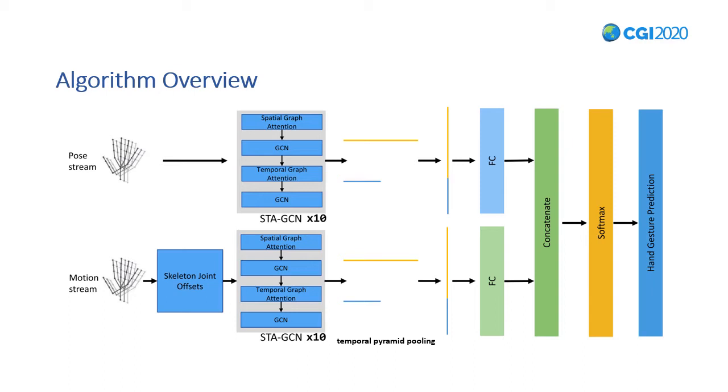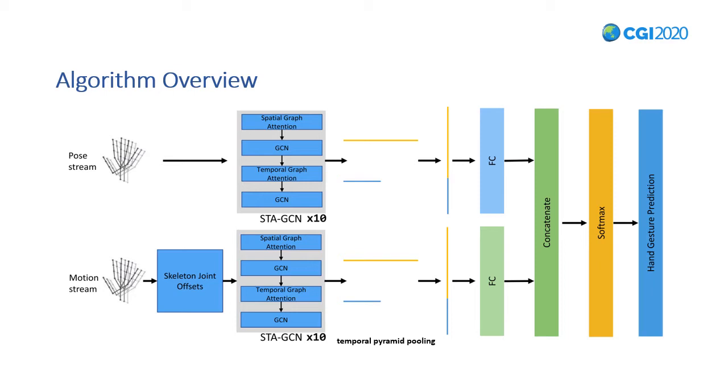Then we use spatial-temporal graph convolution network with both spatial attention and temporal attention to extract the features. In order to encode hand gestures with multi-scale temporal features, we adopt the temporal pyramid pooling layer. Finally, we feed the feature of pose stream and motion stream into fully connected layer, fuse the features, and feed to softmax layer for prediction.